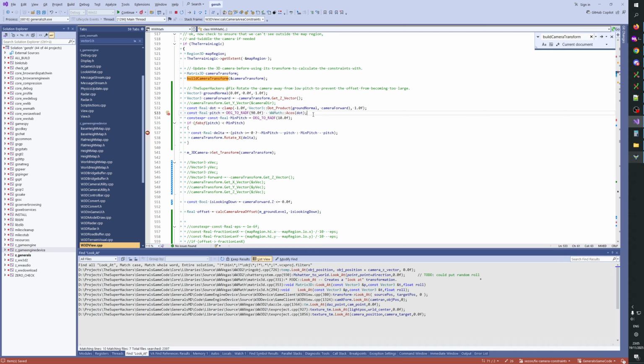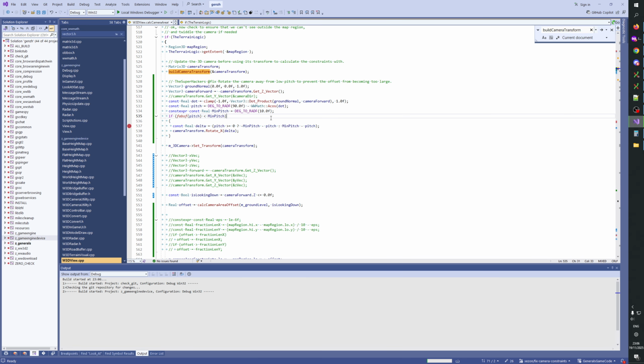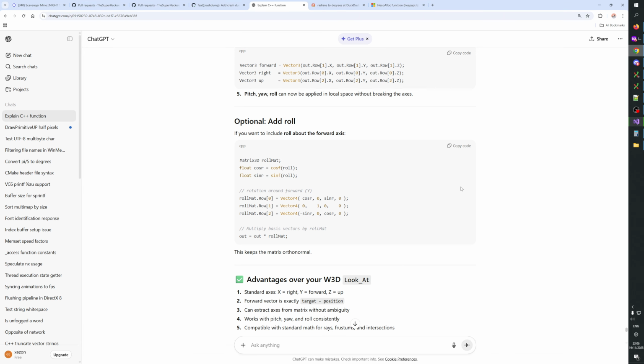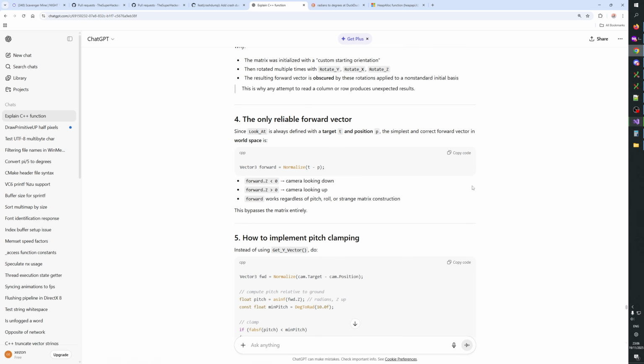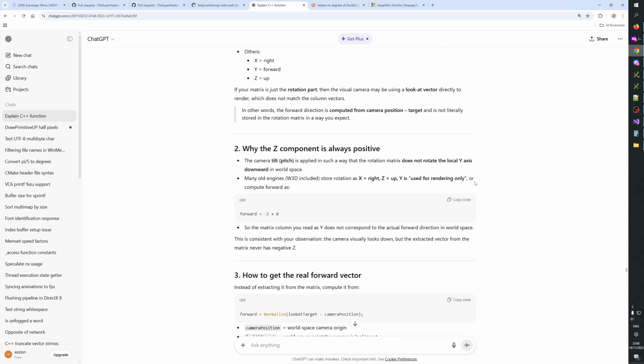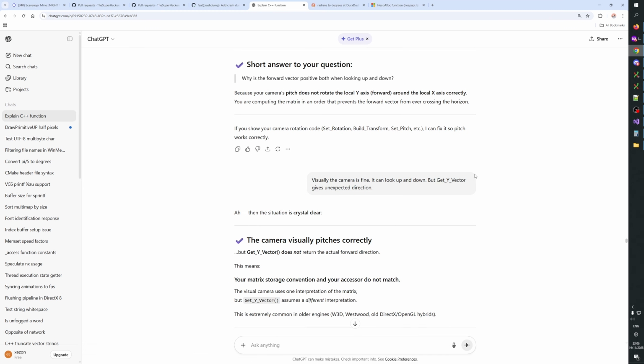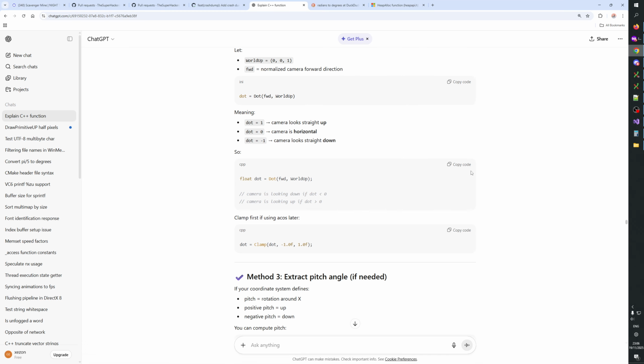Minus pitch. Let's see if that works. I think that's what ChatGPT originally suggested. Oh boy.